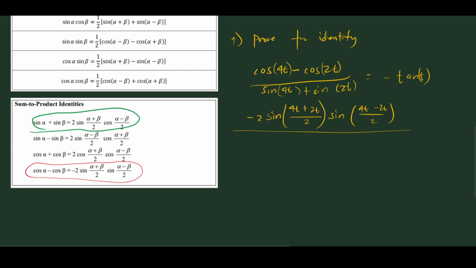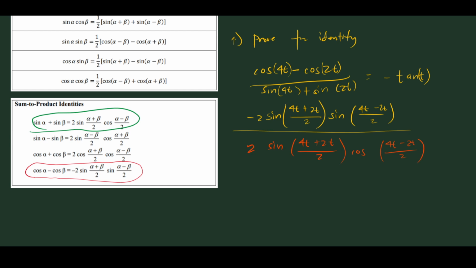Maybe we can use another color to make it more vibrant. Okay, so 2 sine of 4t plus 2t all over 2, and then cosine of 4t minus 2t all over 2.